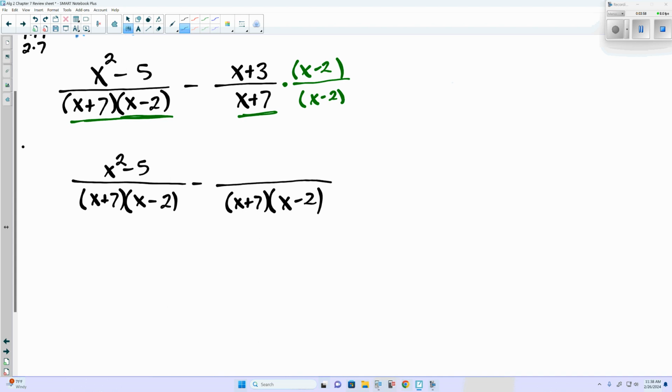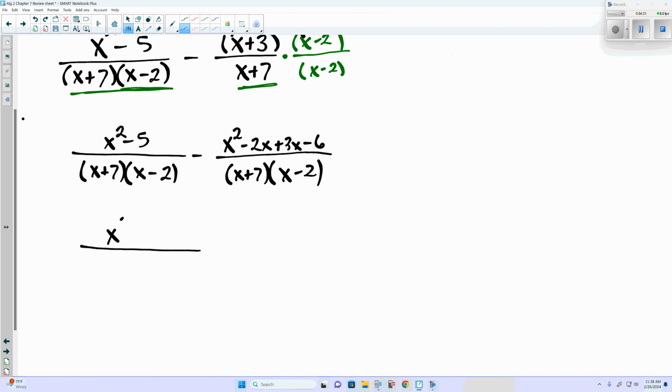Now the numerator, we're going to multiply through. X times x is x squared. X times negative 2 is negative 2x. Then we're going to do the same thing with 3. 3 times x is plus 3x. And 3 times negative 2 is negative 6.